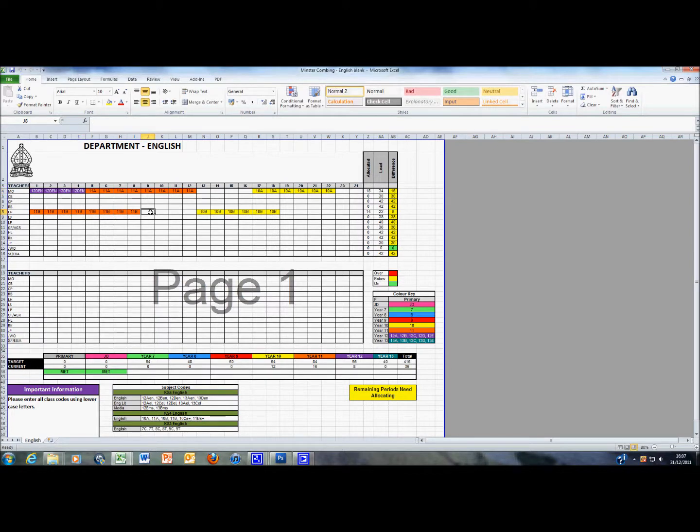Similarly, the remaining 4 periods to make up the 8 required can be allocated to LH, because this teacher comes from a different Key Stage 4 half. And in this way, all the periods required for that particular English language class can be accommodated.